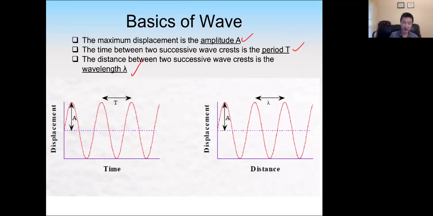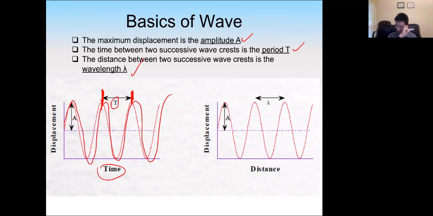The amplitude A is the maximum displacement for a certain wave. And period T is the time between two successive wave crests. For example, this is one crest, and this is the next crest. The time difference between these two successive crests is called period T.